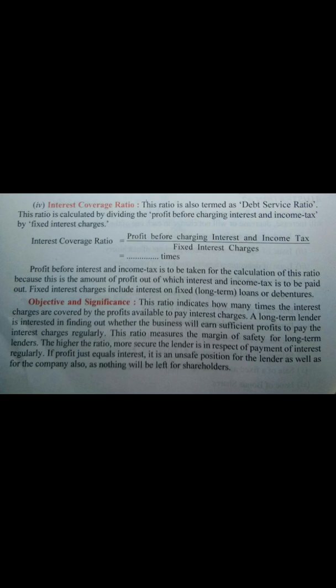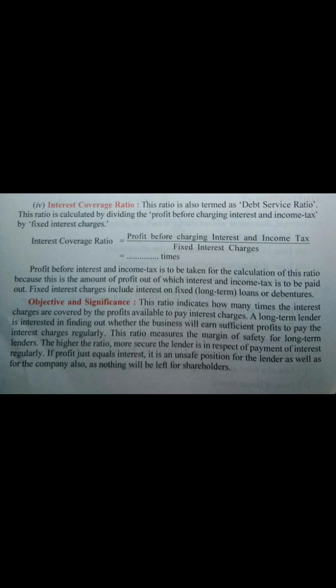Usually lenders look at the interest coverage ratio to see whether a company can easily pay the interest on their lendings or not. So that's why this ratio is very important for lenders while making their decisions regarding giving a loan or borrowings to the company.